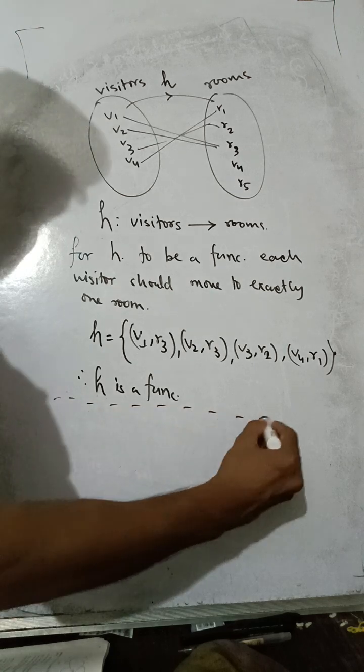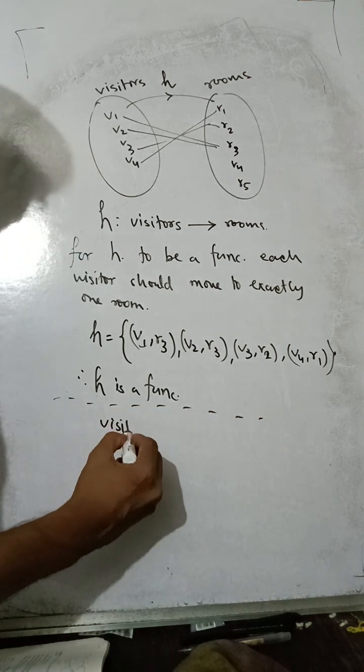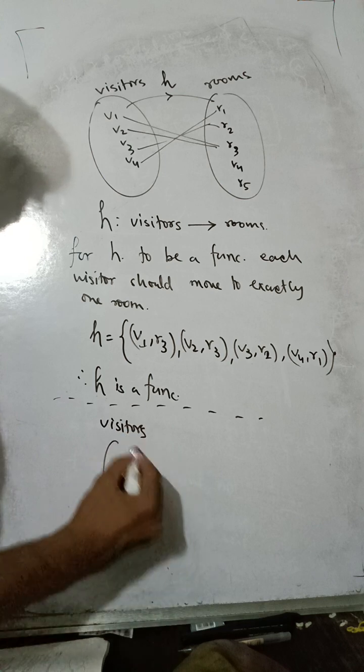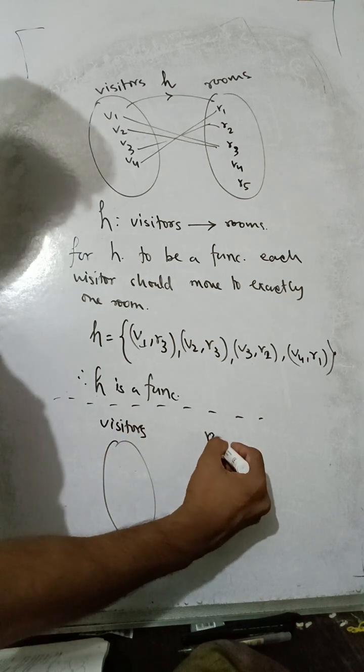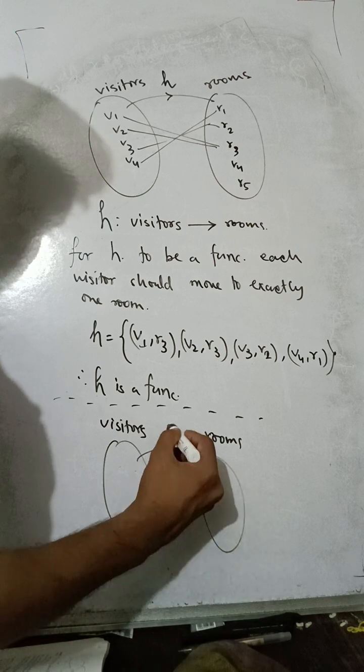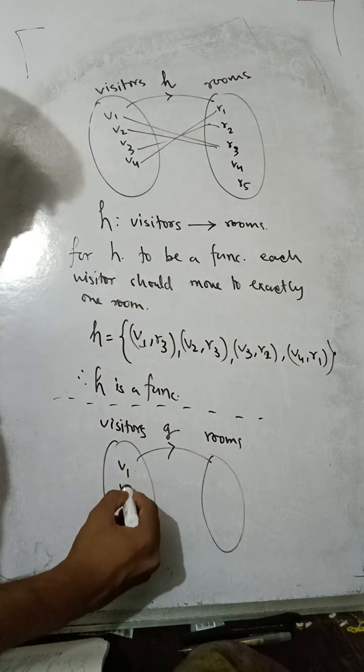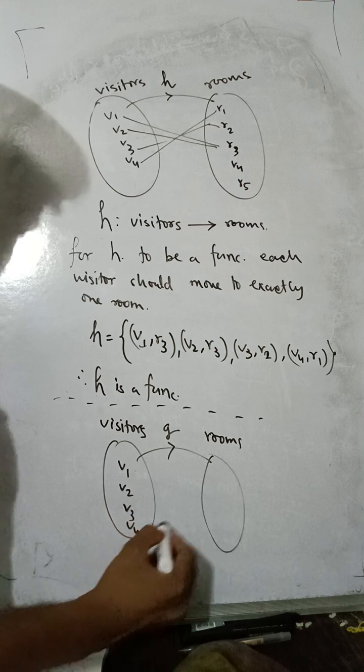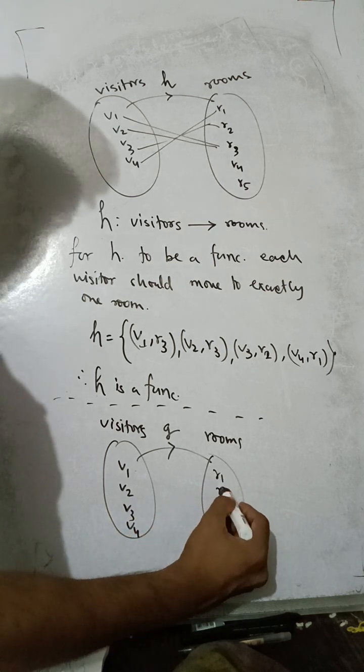Suppose we have the visitors set and the rooms set, and this time we have a relation g. Suppose we have the same 4 visitors and the same 5 rooms.